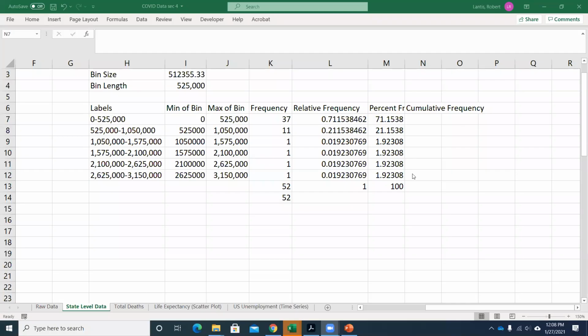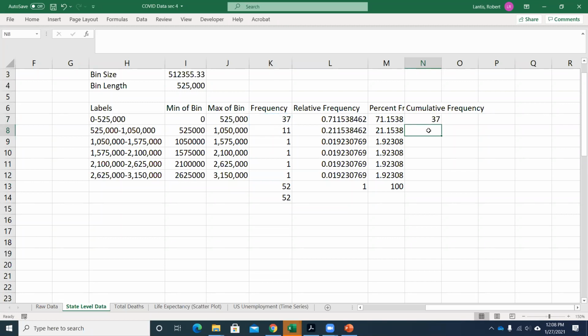We can think about how we would do this here with our data set in Excel. First you get the cumulative frequency. For that very first bin, my cumulative frequency is just the frequency of that bin, so 37.